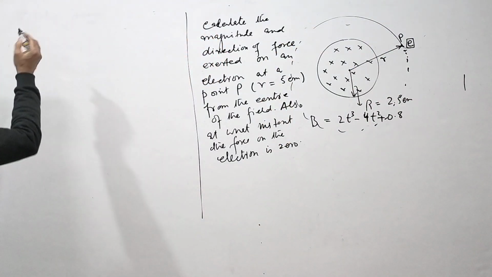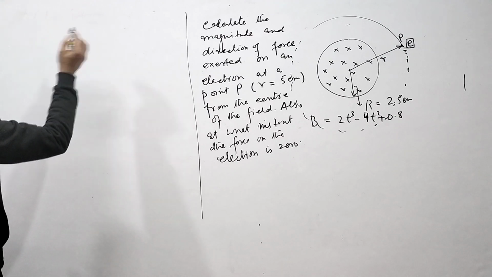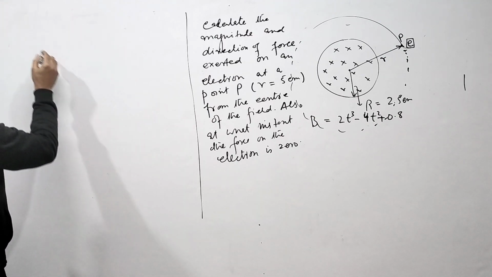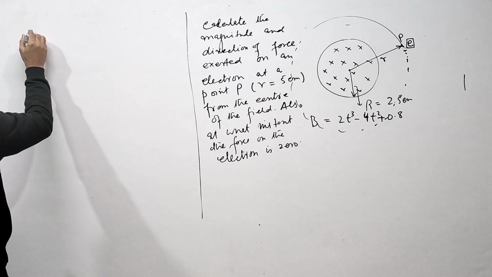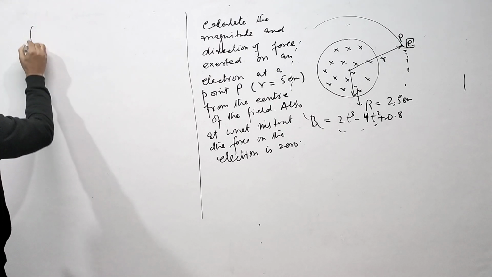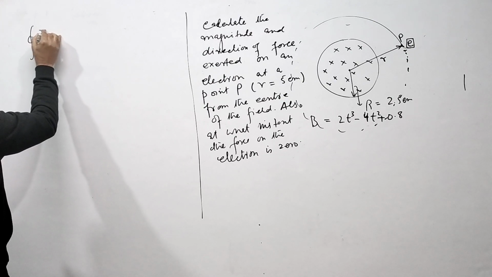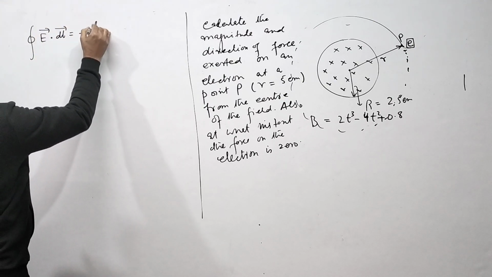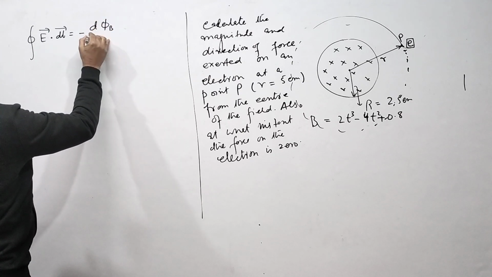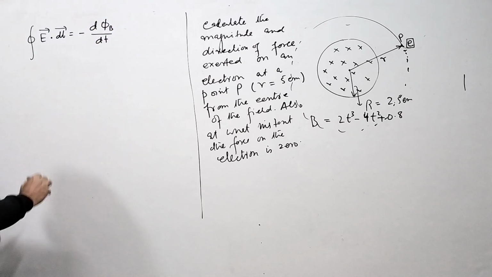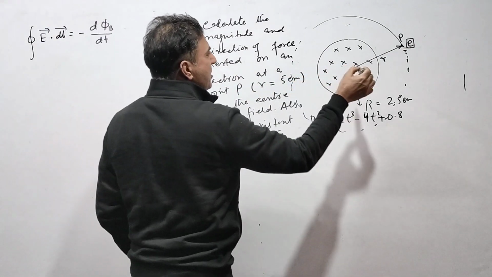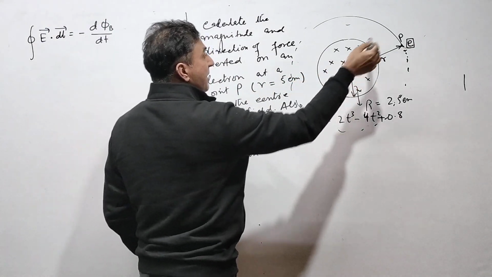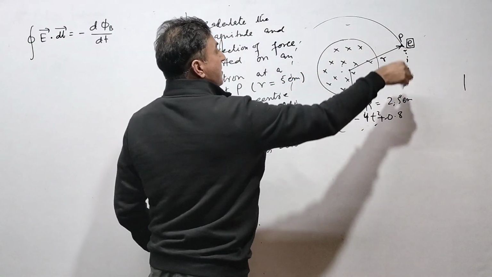The base equation for the electric field produced around this changing magnetic field is, according to Faraday's law, one of Maxwell's equations, the integral of E dot dl is equal to minus d phi_B by dt. This is the rule. The change in magnetic flux is the source for the electric field, and the electric field is produced in circles.